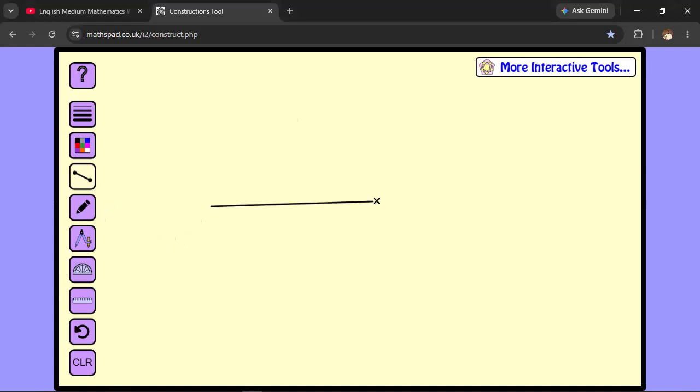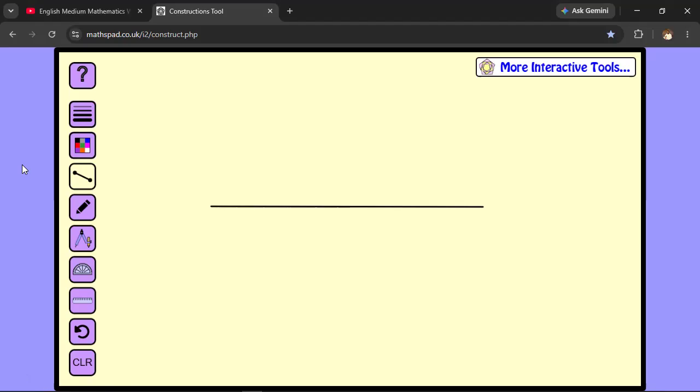First of all, draw this fixed line. Right. Draw this fixed line. So name it.